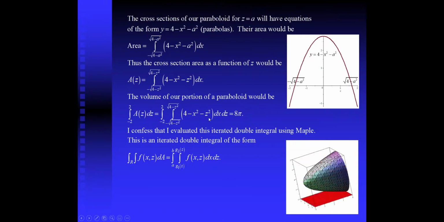And we've got an iterated double integral, which does evaluate to 8 pi. I'm not going to grind it out. I actually admit I computed that on Maple, but it does give you the correct 8 pi, which is the volume, using the disk method, of that solid.